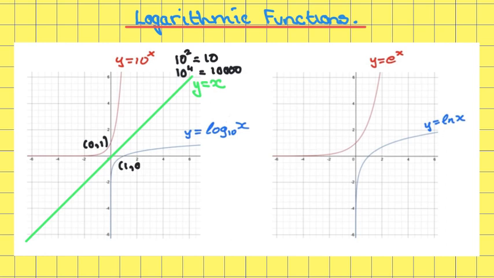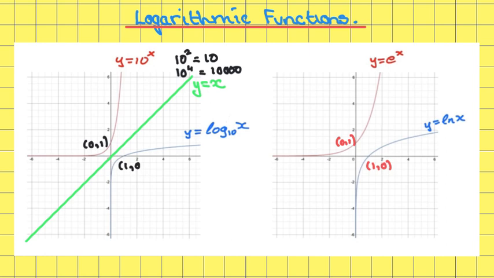If you look at the second set of graphs, you've got the graph of y equals e to the power of x. Remember, e is just a number, 2.71... and its inverse is the graph y equals natural log of x. Again, the exponential graph goes through the point 0, 1, and the inverse, natural log of x, goes through the point 1, 0.